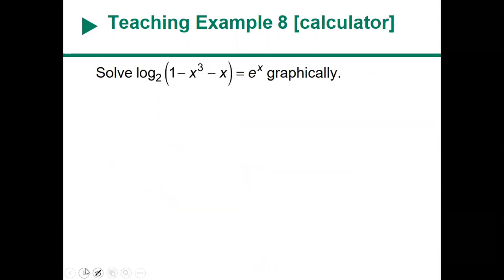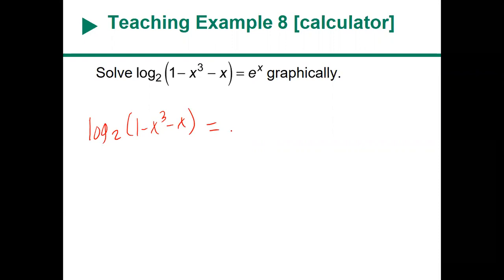All right, next. So again, calculator. If I have log base 2, 1 minus x to the third minus x equals e to the x. Well, I can graph e to the x. The problem is log base 2, I cannot graph. So in order for me to solve this graphically, I have to use change of base. 1 minus x to the third minus x.